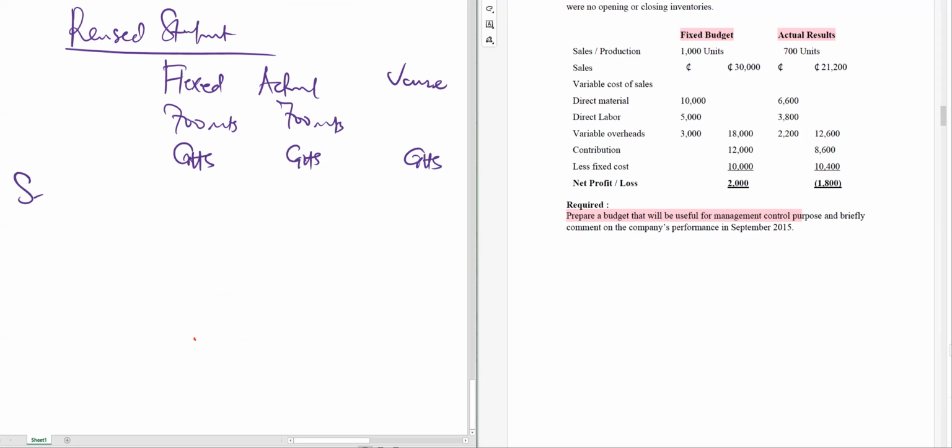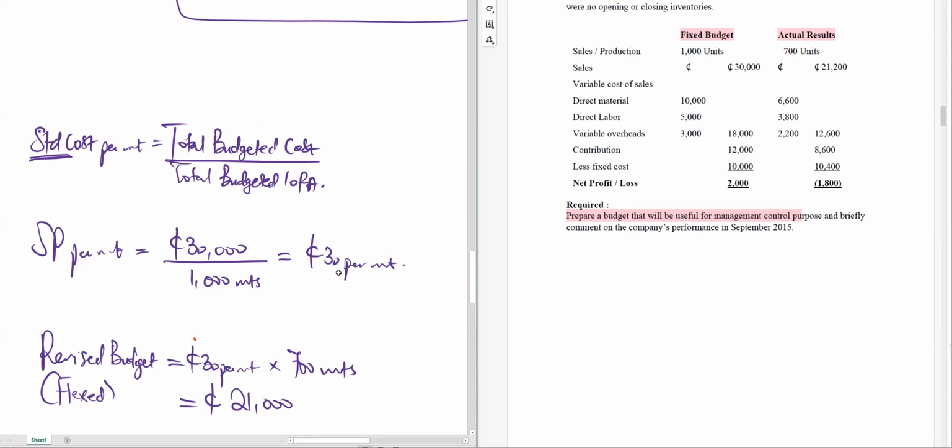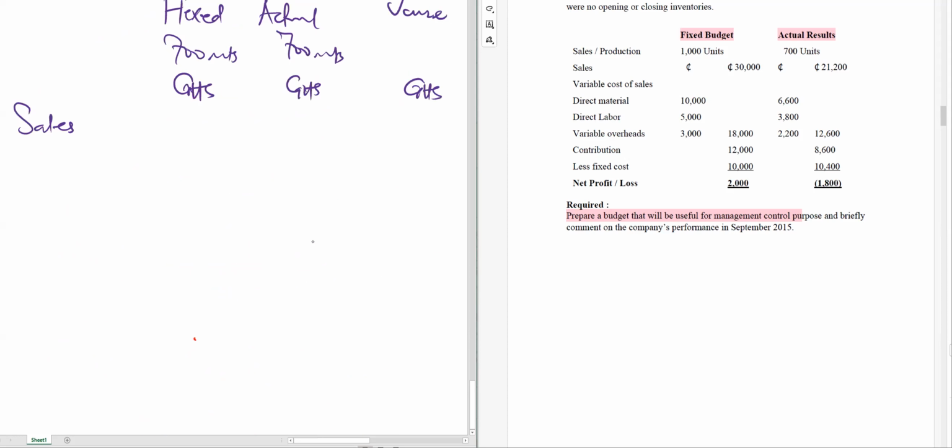So sales will be what now? What did we get for our sales? Let's go to our working. Sales was 21,000, we worked it. But original sales was 30,000, right? So look, we planned to sell 21, but we ended up selling 30.